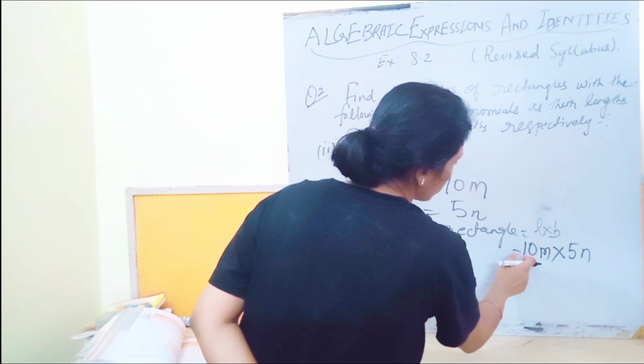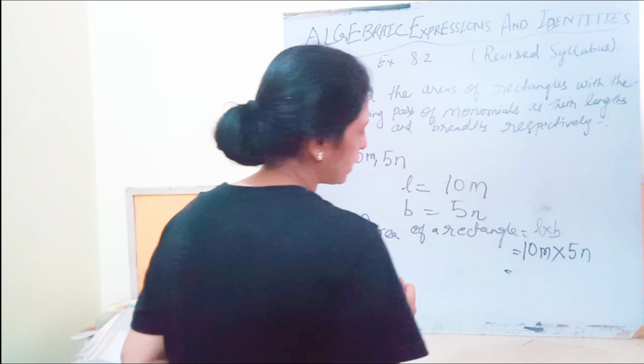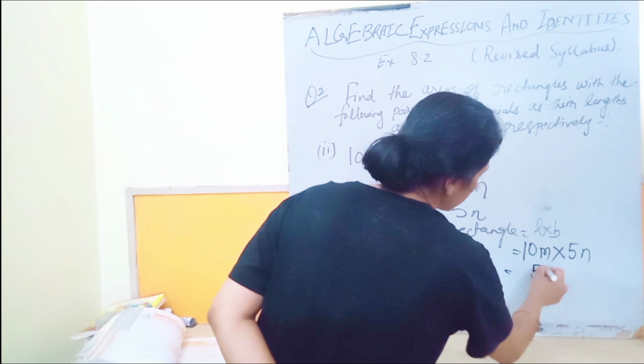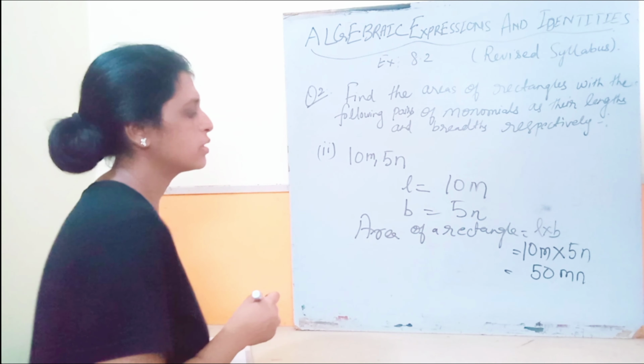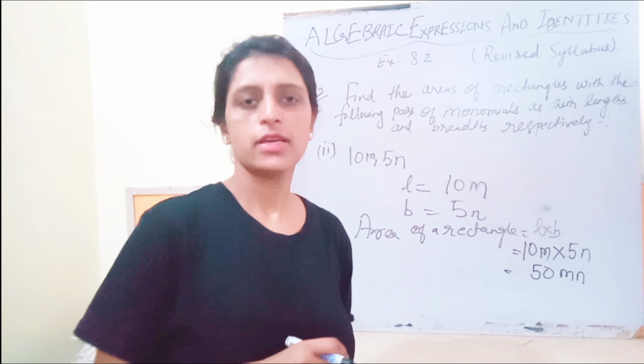Now the numerical coefficients will be multiplied. 10 5s are 50, and m into n will be mn. So this is the area of the rectangle, 50mn.